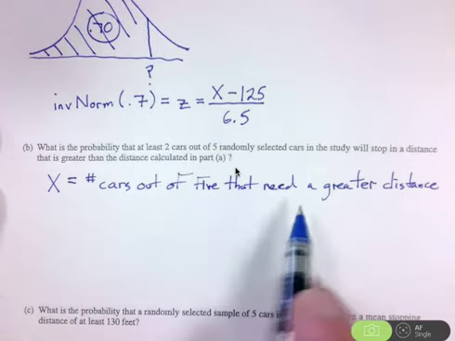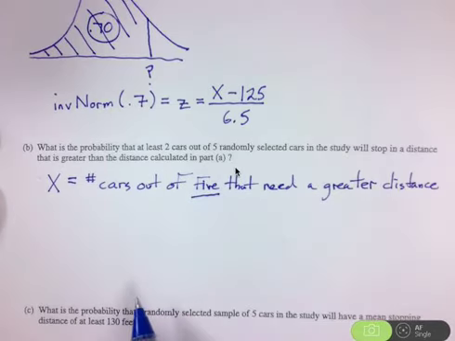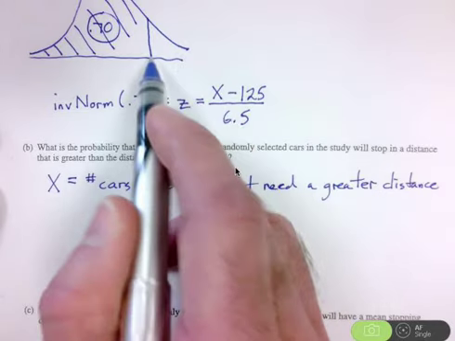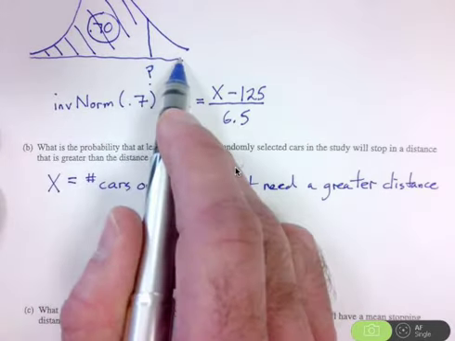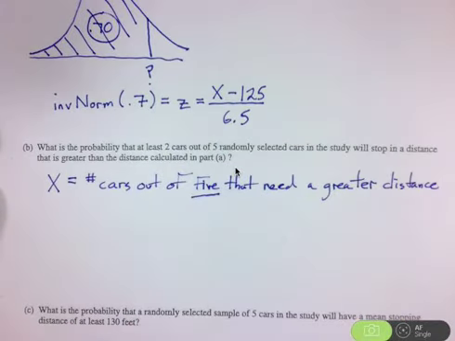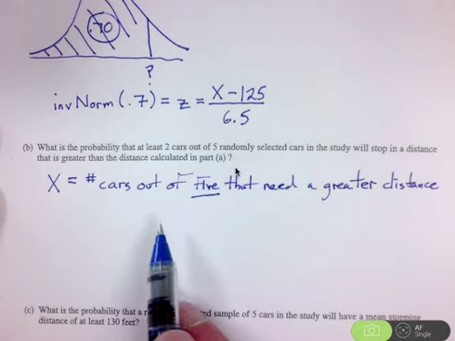There's a fixed number of trials. There are 5. There is a fixed probability of success. Your probability of success is 30%. The 70th percentile means that 30% of cars need a greater distance than this distance in order to stop. And the only other assumption here is we have to act as if the stopping distances are independent from car to car.